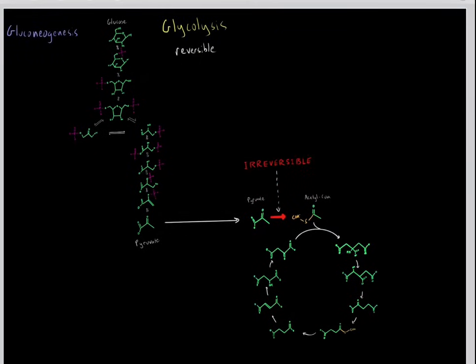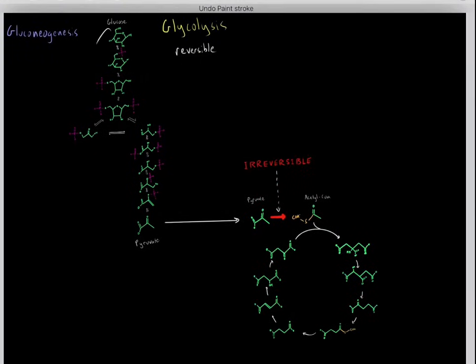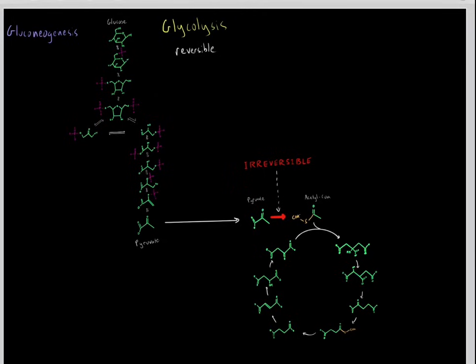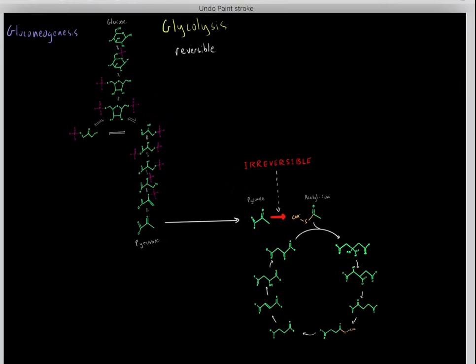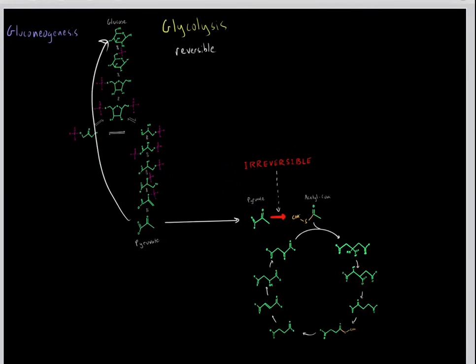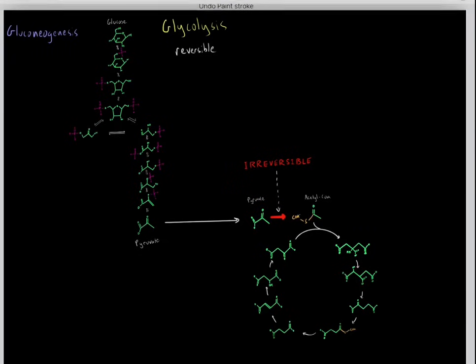So we've already learned that when we take glucose molecules and go in this direction to form pyruvate molecules, that pathway is referred to as glycolysis. However, we can also go in the reverse direction. We can take pyruvate and go in the reverse direction, forming glucose molecules. And we can do this because each of these chemical reactions was reversible. However, once we take pyruvate and form acetyl-CoA, this is irreversible.